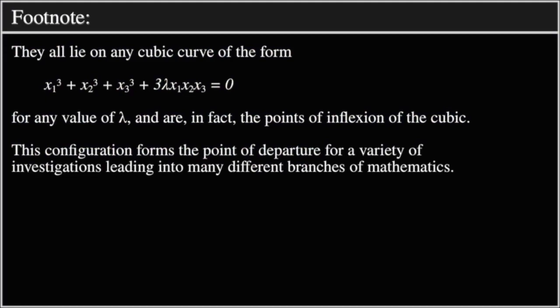Footnote: they all lie on any cubic curve of the form x sub 1 cubed plus x sub 2 cubed plus x sub 3 cubed plus 3 lambda x sub 1 x sub 2 x sub 3 equals 0 for any value of lambda, and are, in fact, the points of inflection of the cubic. This configuration forms the point of departure for a variety of investigations leading into many different branches of mathematics.